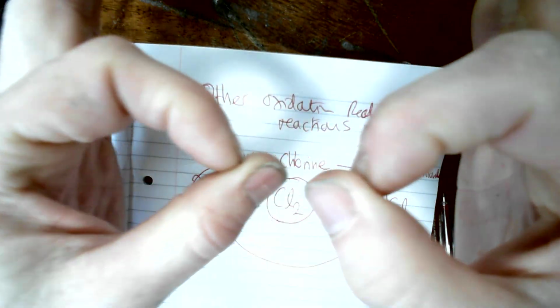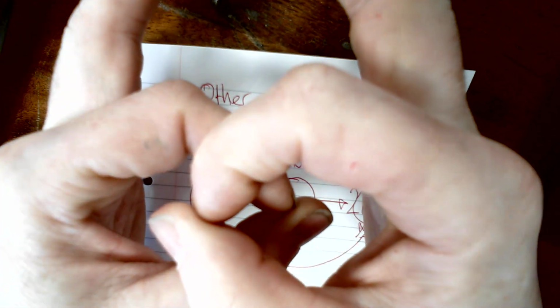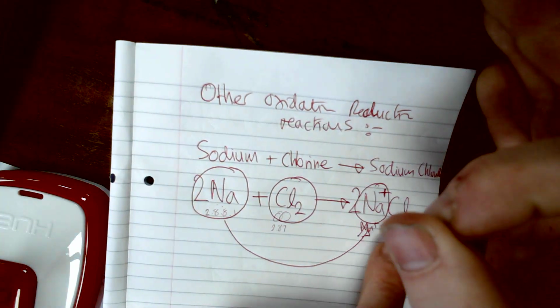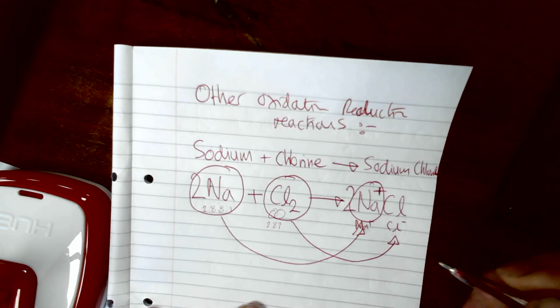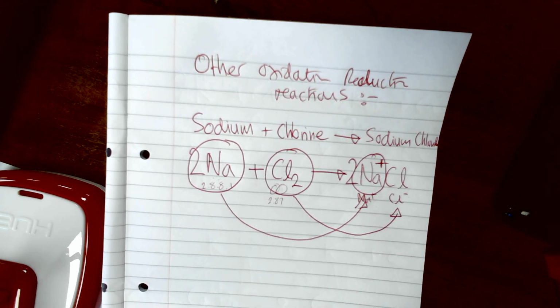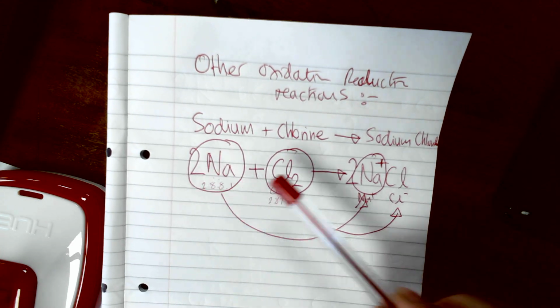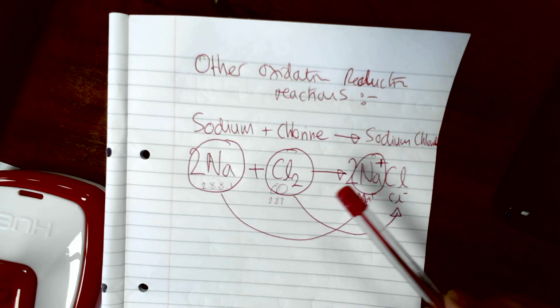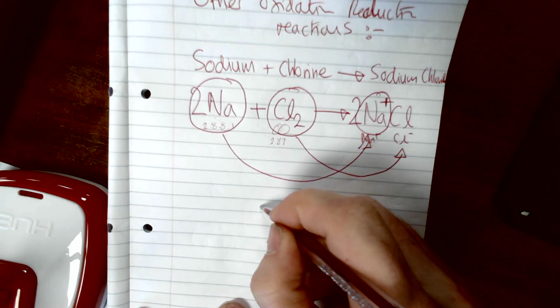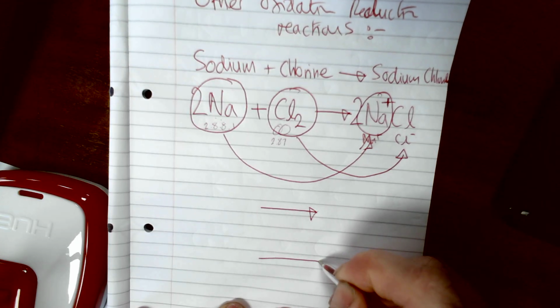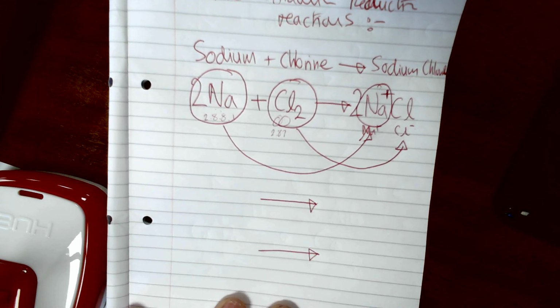It's split apart from being Cl2, and it's ended up over here as Cl minus. So there is definitely some electrons being passed around here. My sodiums have become Na pluses, they've lost electrons. My chlorine seems to have become chlorides, they've gained electrons. This is oil rig. Alright, so let's write a couple of equations, half equations, sorry, to talk about these stories.